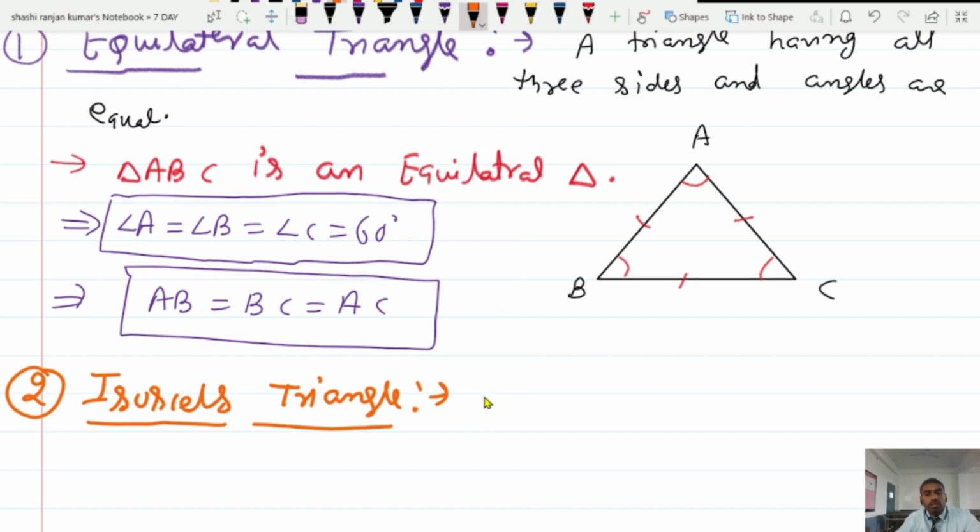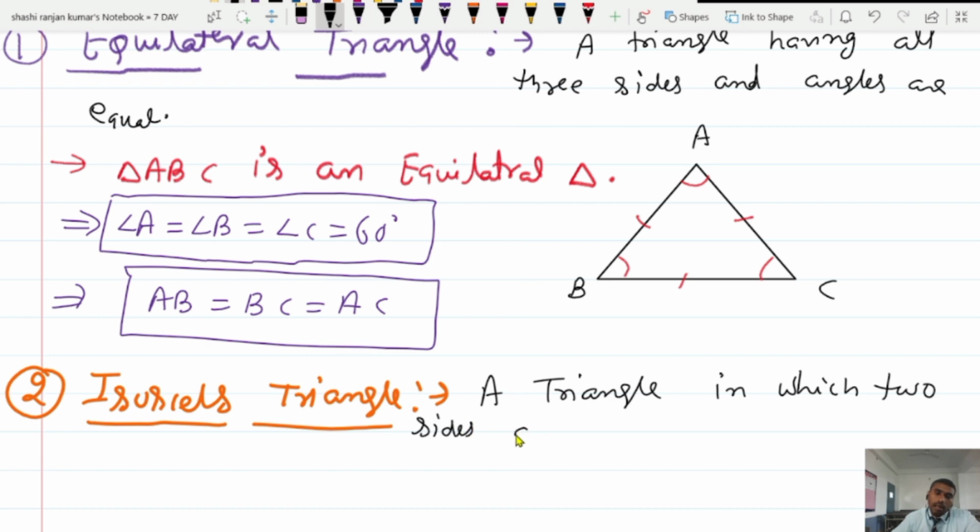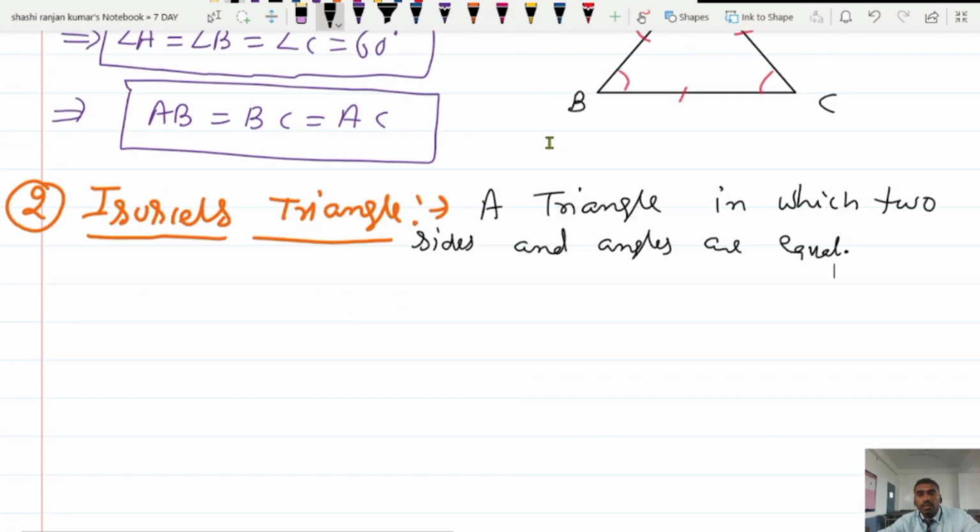What is an isosceles triangle? Can you tell me? A triangle in which two sides and angles are equal is known as an isosceles triangle.